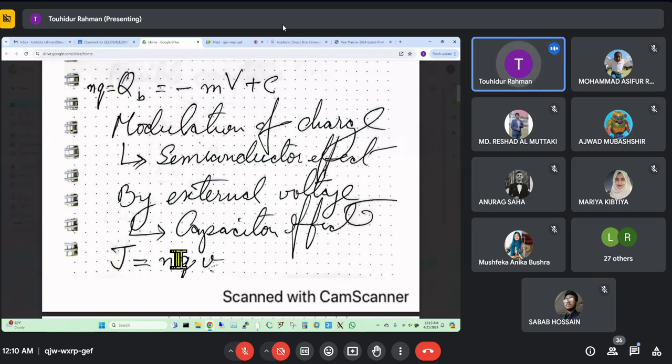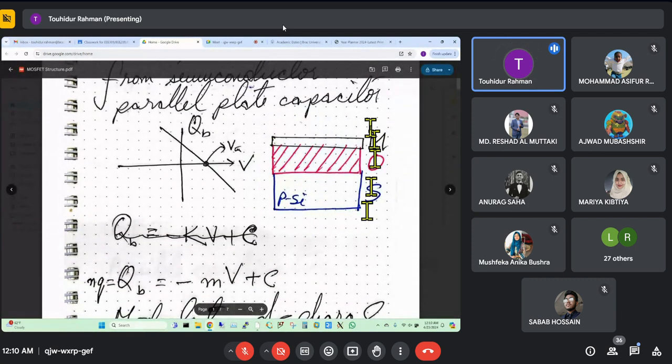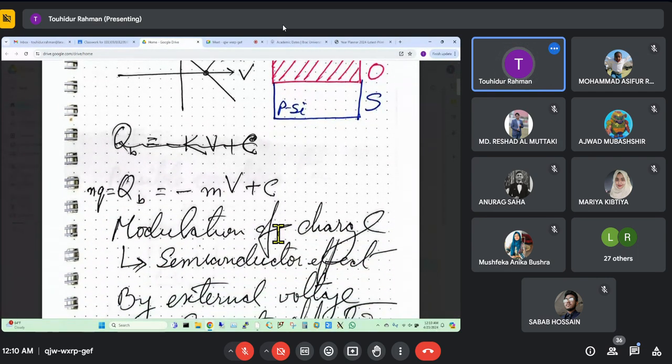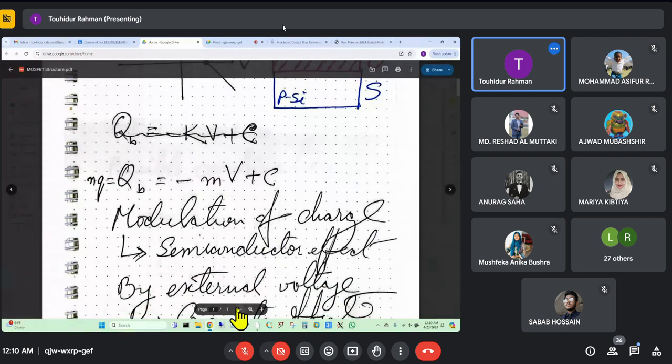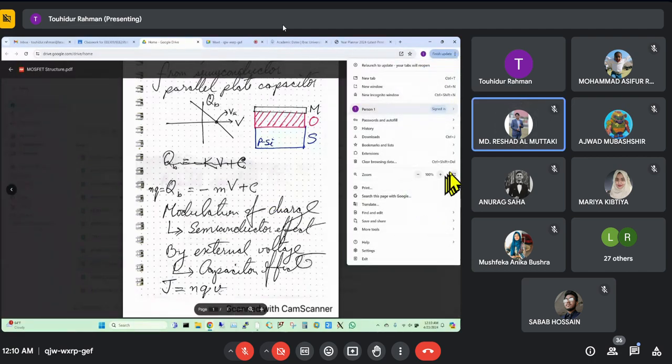We can change the NQ by applying voltage. So that means we can change the current density by applying voltage, and we can do it with this MOS capacitor. Is it clear for everyone? Yes, sir. Clear, sir.